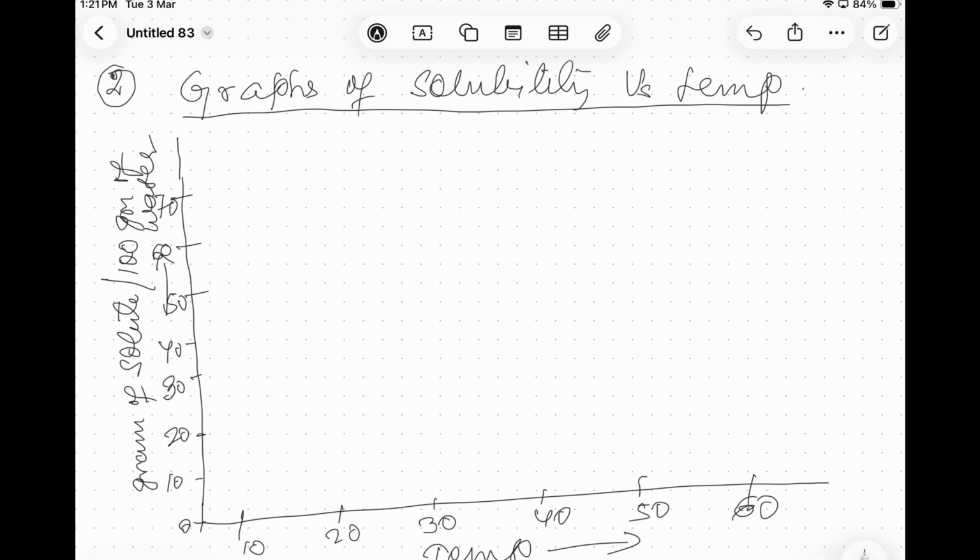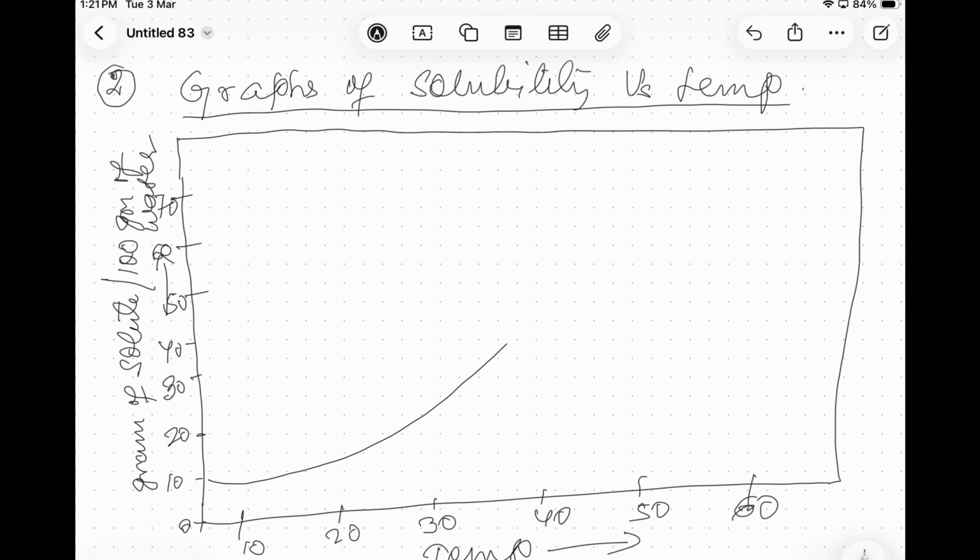And in some cases, just take one example of potassium nitrate. In case of potassium nitrate, the curve goes like this, a steep upward, KNO3.